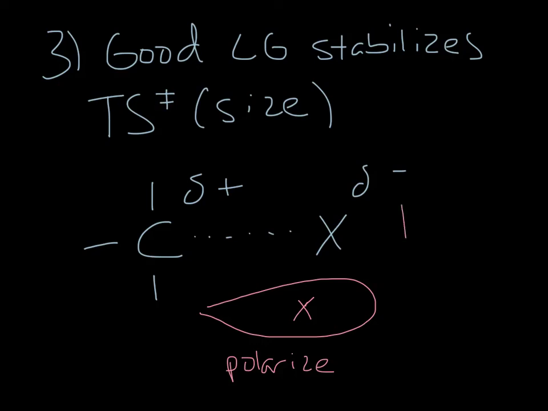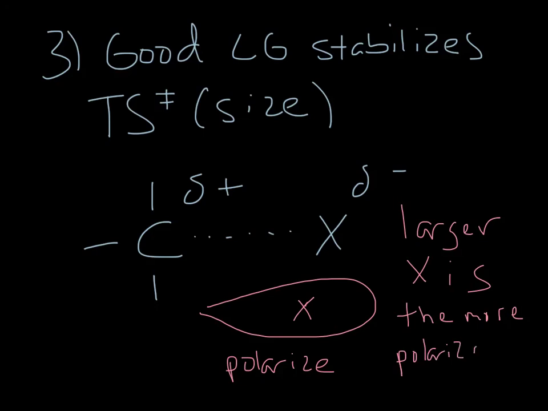So this really comes down to size, and the larger X is, the more polarizable. And it is this polarizability that allows for the transition state to be stabilized.